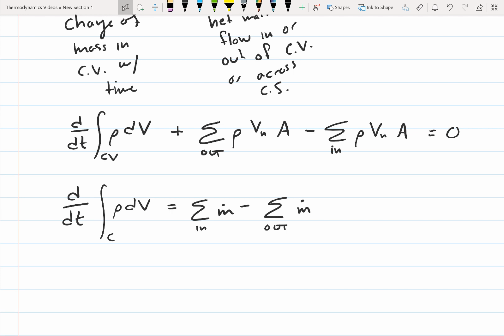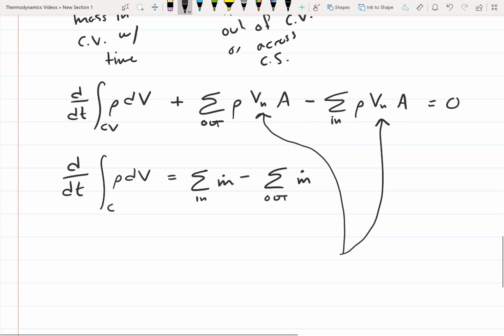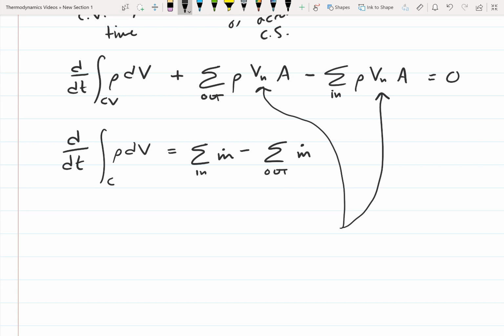So one thing we want to consider with this equation is the orientation of our control volume, because notice this velocity is the normal component of the velocity. Let's just say that we have fluid flowing through a pipe.